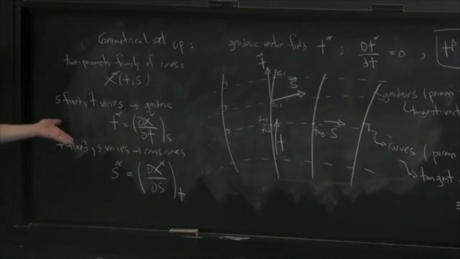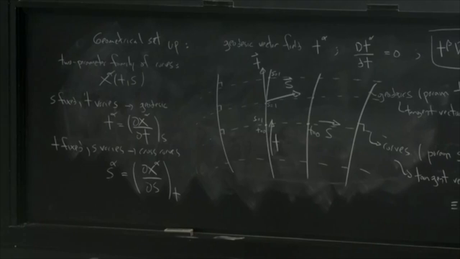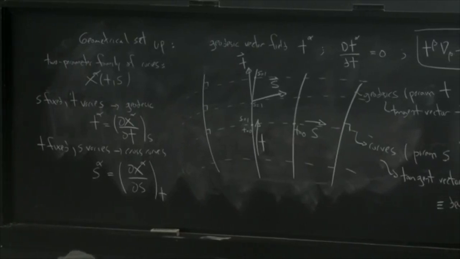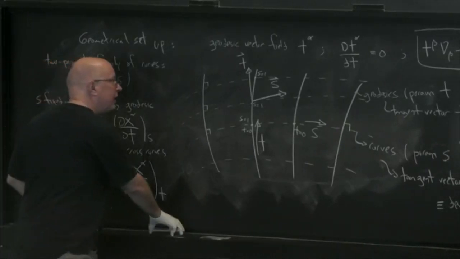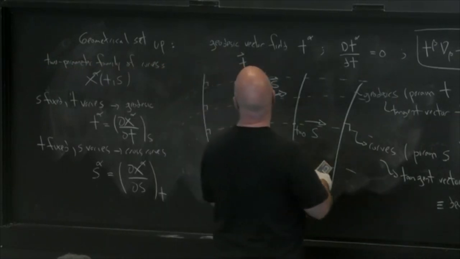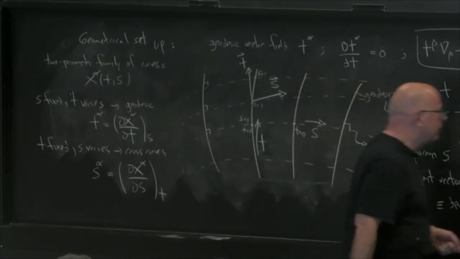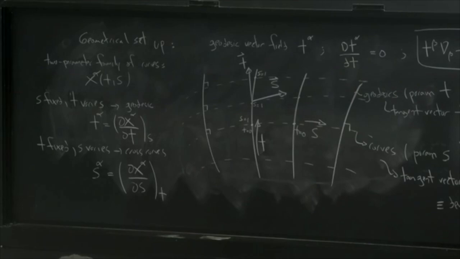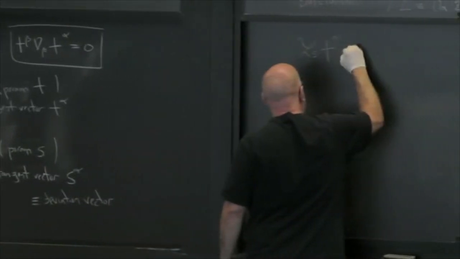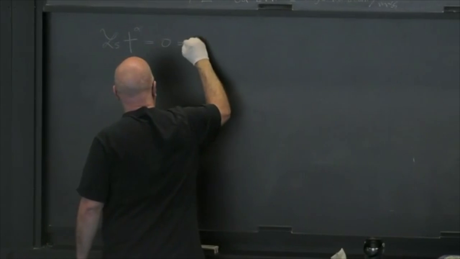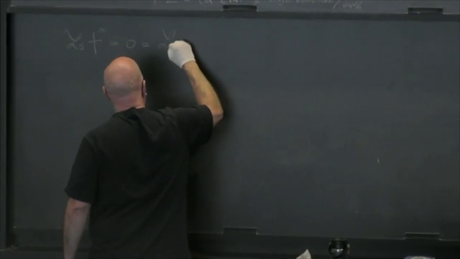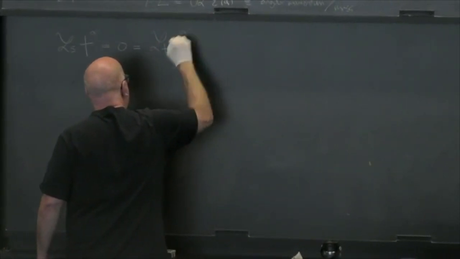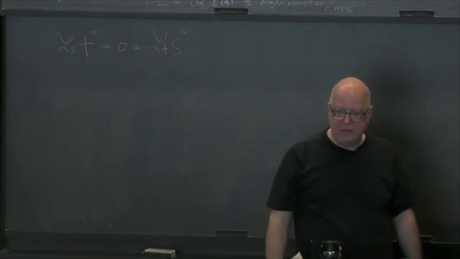And then I could take the second derivatives, and what we would get from that, as we did before, is that the Lie derivative of the t vector with respect to the s vector is going to be 0. And that's the same thing as saying that the Lie derivative of the s vector with respect to the t vector is 0.